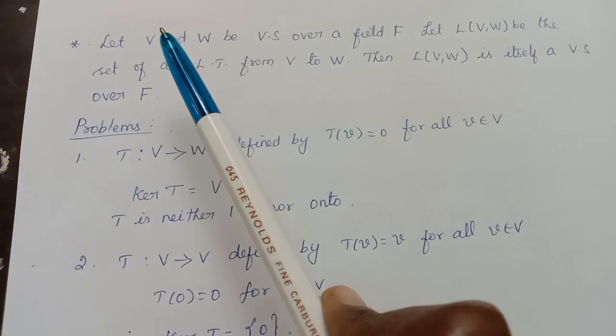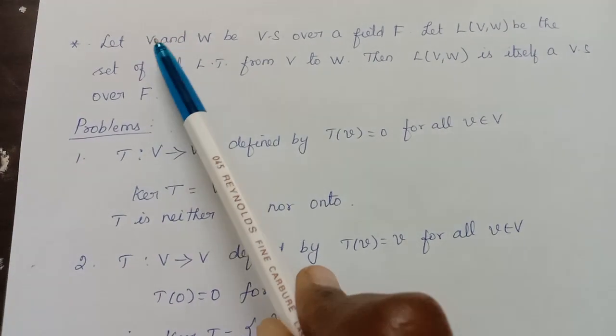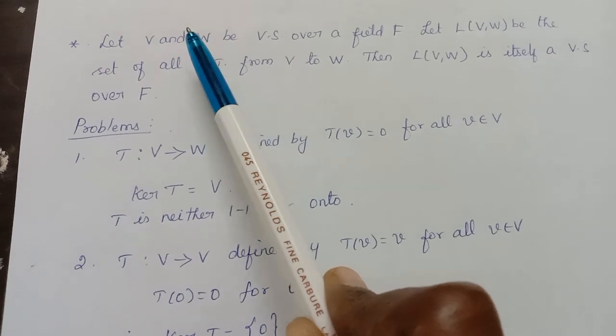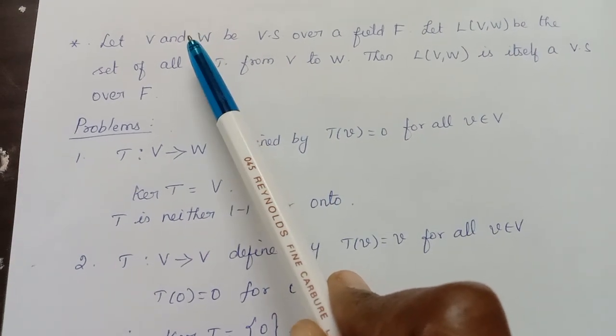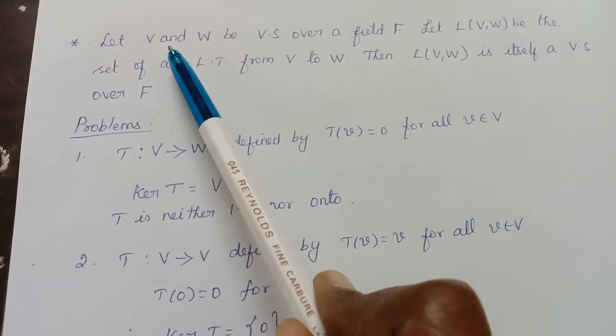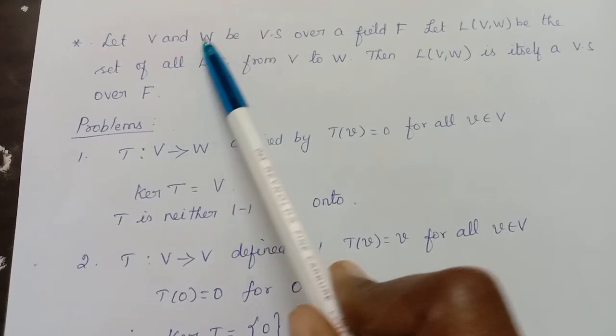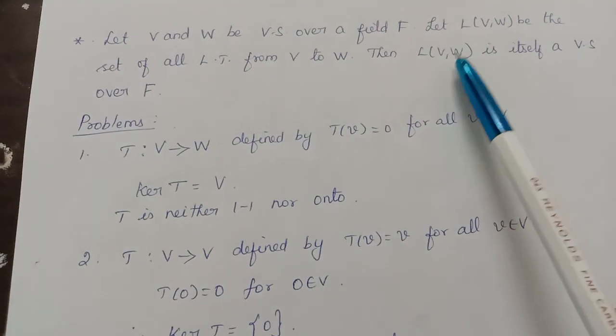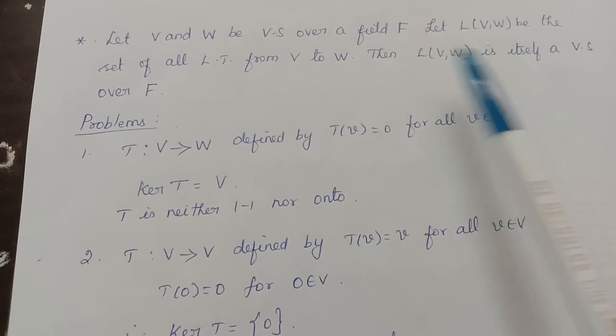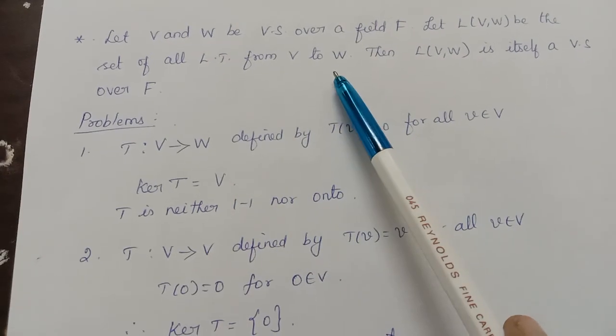For example, the trivial linear transformation, that is mapping every element of V to 0 of W. That is one linear transformation. Another one is the identity linear transformation. In that way, we can define so many linear transformations from one vector space to another. Collect them all together. That will also form a vector space over F. This is the next statement.